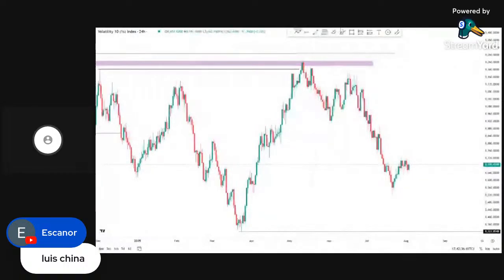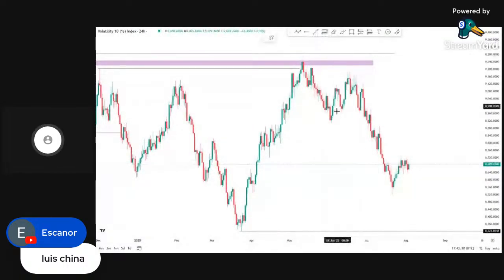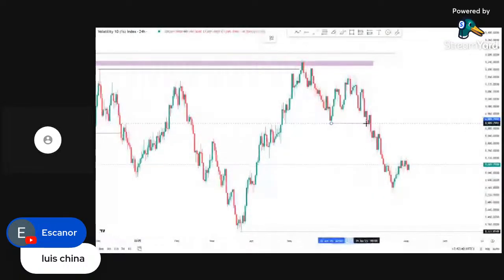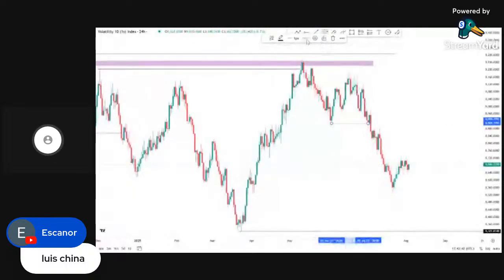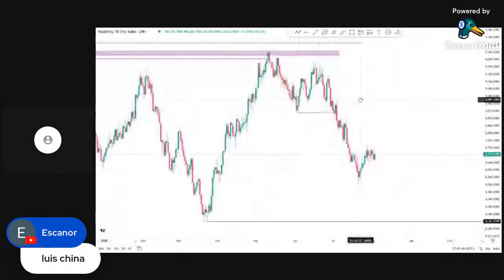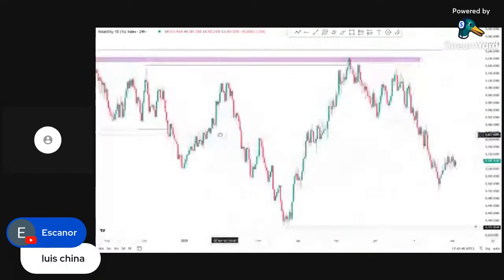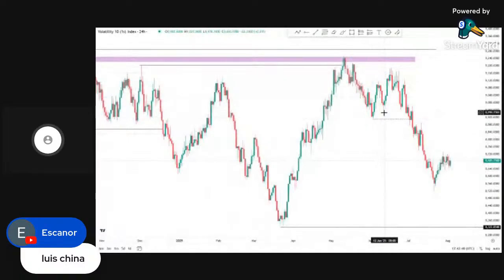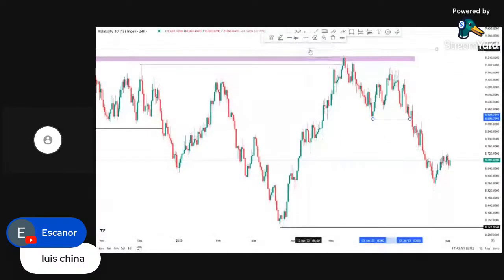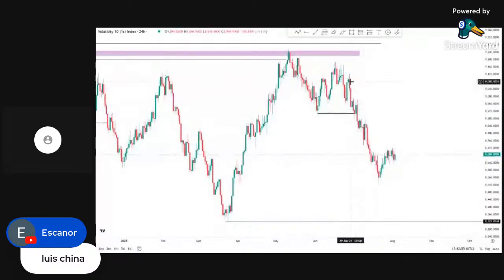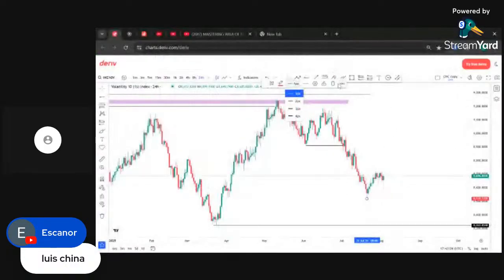For me, one of the things I've observed on V10 is that this is one of the major structures that was taken out.